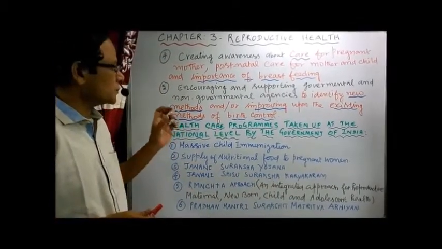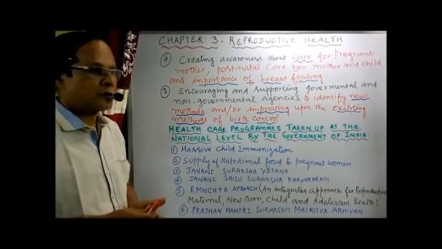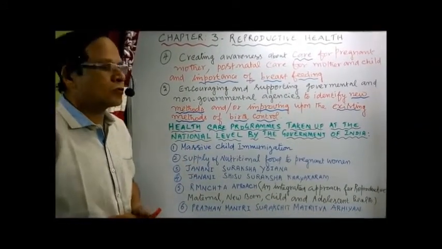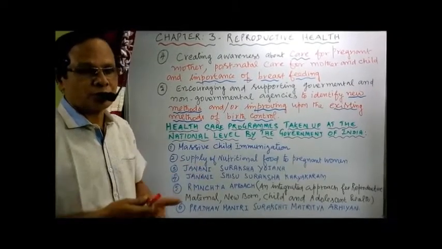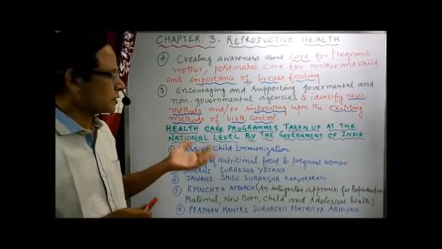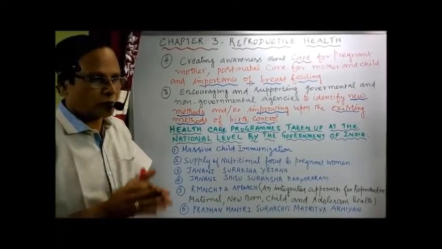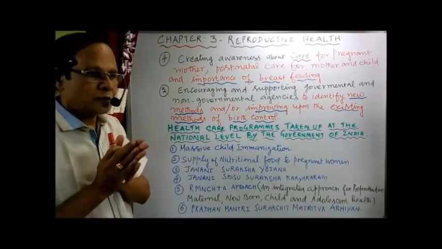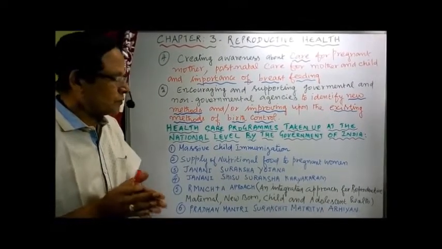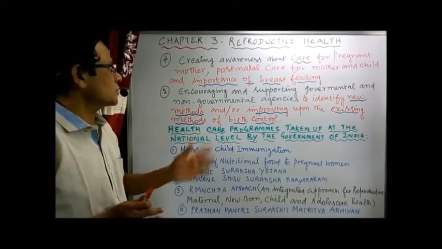These are all the various healthcare programs taken up at the national level by the government of India to improve reproductive and child health care, particularly for improving the health of the pregnant mother and maintaining the child without any diseases. Okay, that's about that one.